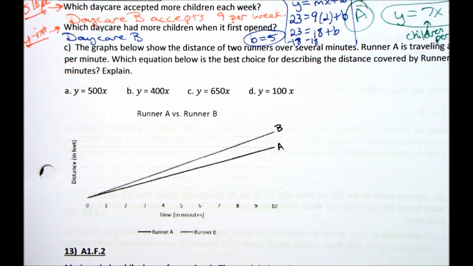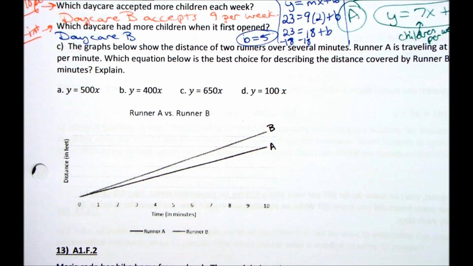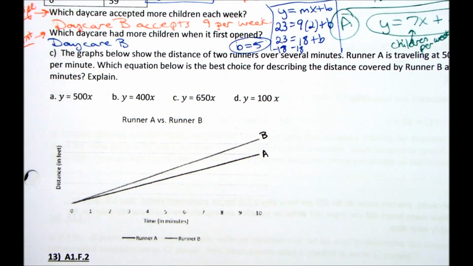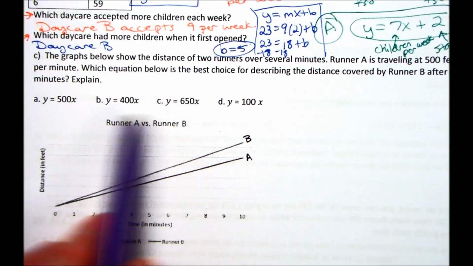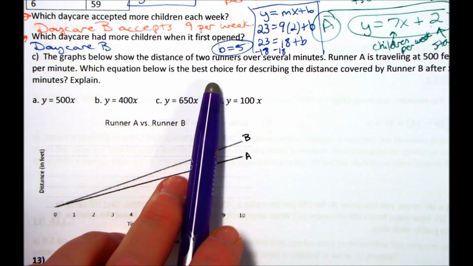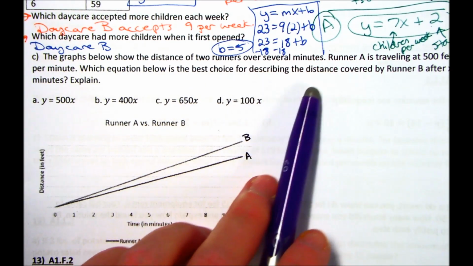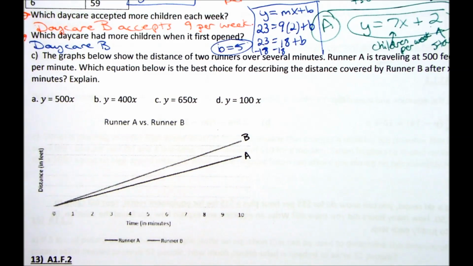Problem C. The graphs below show the distance of 2 runners over several minutes. Runner A is traveling at 500 feet per minute. Which equation below is the best choice for describing the distance covered by runner B after x minutes?